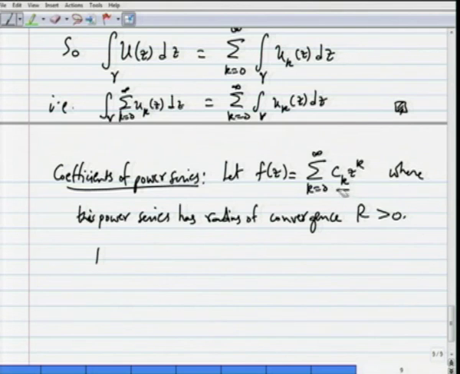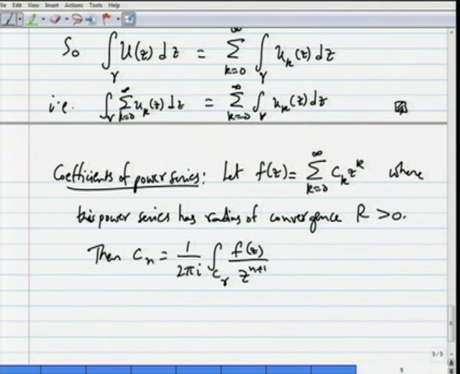There is also the fact that the coefficients of this power series, c n, are given by 1 by 2 pi i times the integration over C r of f of z by z power n plus 1 dz, where 0 less than or equal to r strictly less than R, and n greater than or equal to 0.